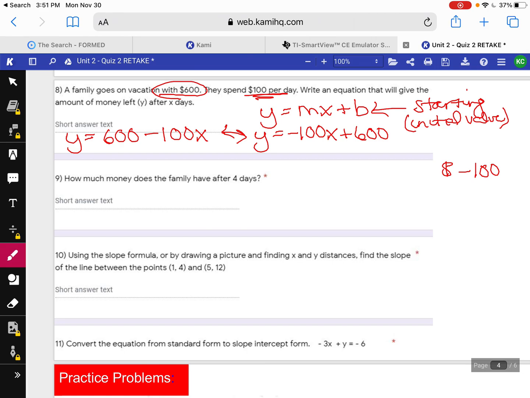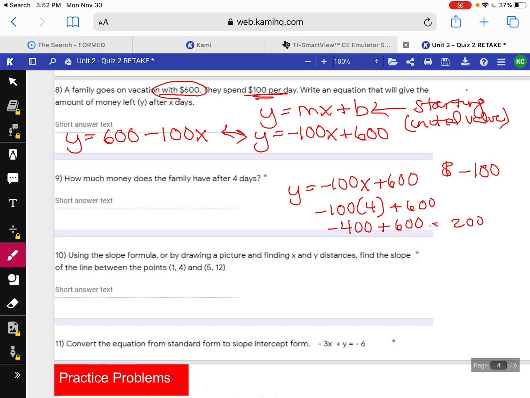Now I'm going to use this equation to figure out how much money they will have after 4 days. The x represents the number of days in which I've spent $100. And so I can see that I spent $400 from the $600, leaving me with $200 left.